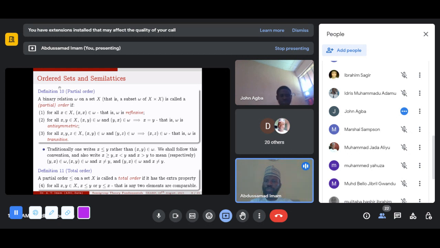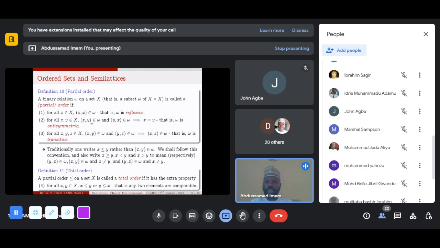So I start with the definition of partial order, because I'm talking about ordered sets. A partial order is a binary relation satisfying three conditions. The first condition is that it should be reflexive. The second condition, it should be antisymmetric. And the third condition, it should be transitive. This we all know. A binary relation is a subset of the Cartesian product X cross X. Reflexive means every element is related to itself.